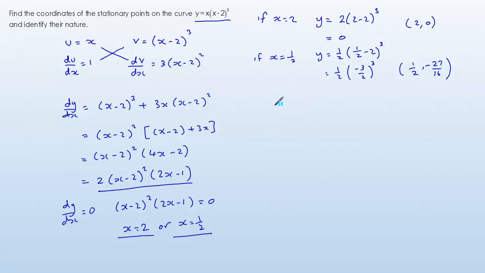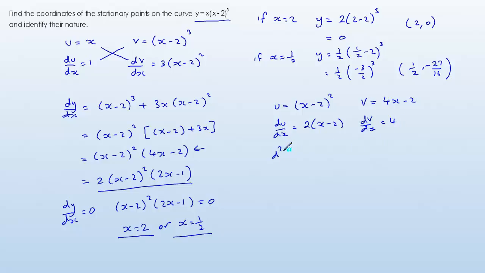So I'm going to go from this line here. u is (x − 2)², and v is 4x − 2. So du/dx is going to be 2(x − 2) to the 1, and the differential of the inside is 1. And then dv/dx is just 4.